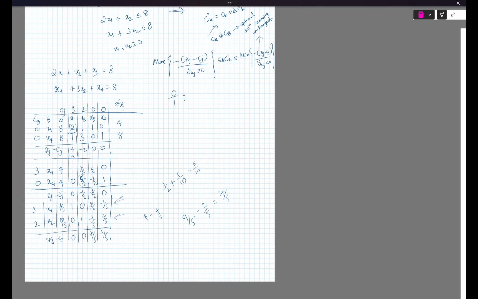Comma, 7 by 5 upon 3 by 5, which is equal to 7 by 3. Initially minus 0.